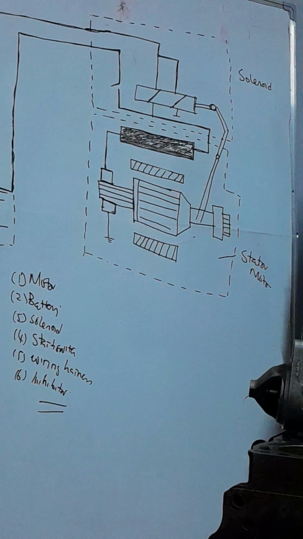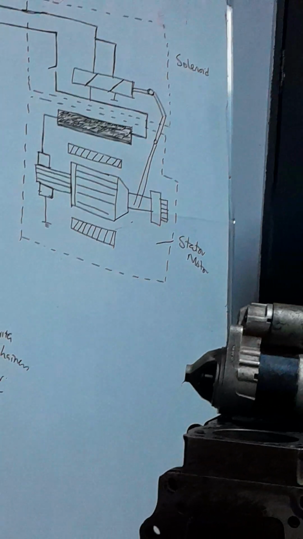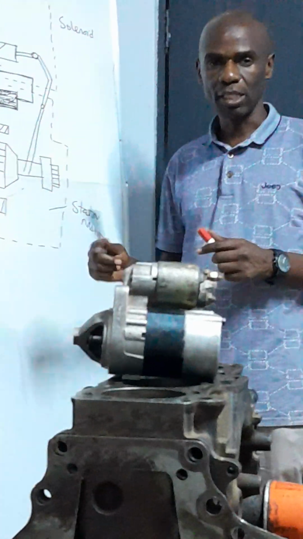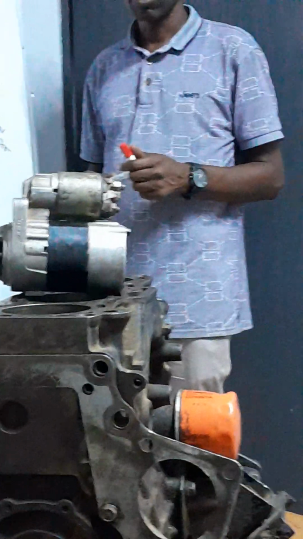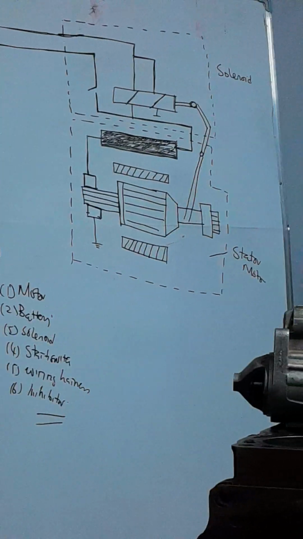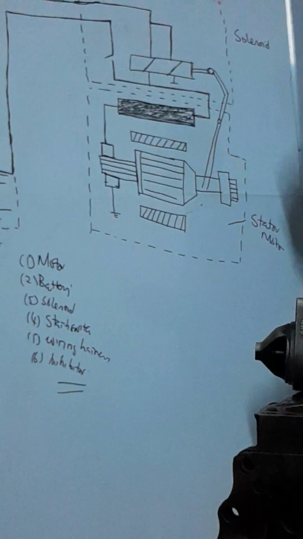So that's a very important characteristic that it possesses. It normally develops a high torque when the speed is slow in order to overcome the resistance of the engine to crank. So basically, that's the starting system.